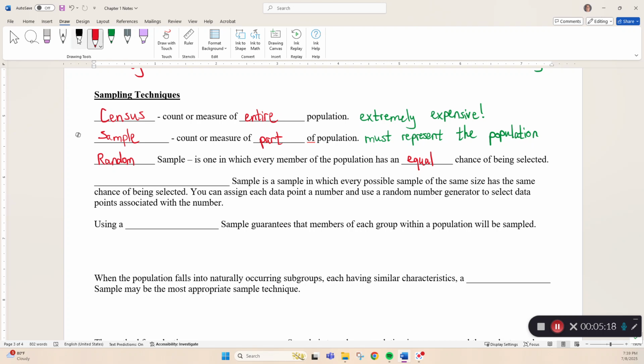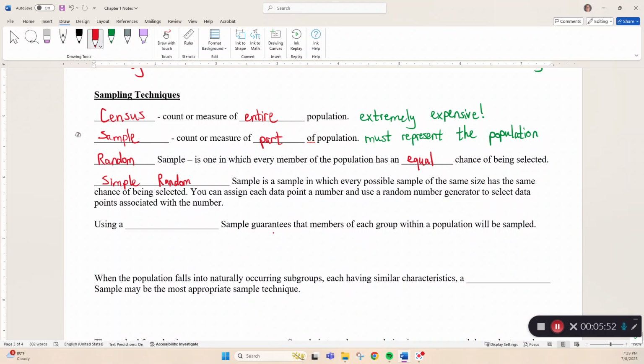But we could take that a step further with a simple random sample. A simple random sample is a sample in which every possible sample of the same size has the same chance of being selected. So if we're surveying people, you'd give each person a number and use a random number generator to select 100 people.